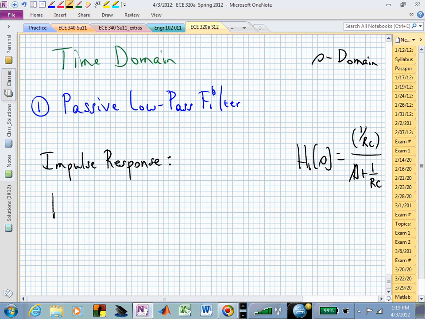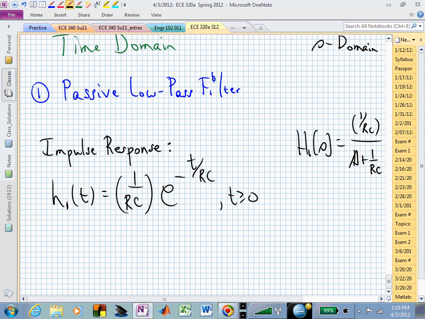What's our impulse response? We have a scaling factor of 1 over RC, and then this single pole gives us something like that. Let's look at a particular example. Suppose that we just said, let's say that our time constant was 1/10 of a second. If RC is 0.1, then we get this 10 e to the minus 10t as our impulse response for that low-pass filter.